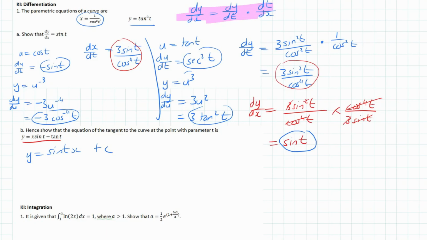So how are we going to do that? If these parametric equations up the top give us x and y, we can put in our y values. So we just go tan cubed t is equal to sine t x, where x is equal to 1 over cosine cubed t, plus c.